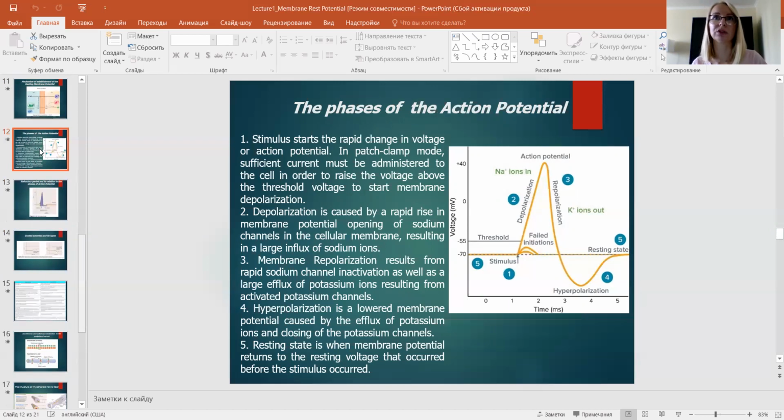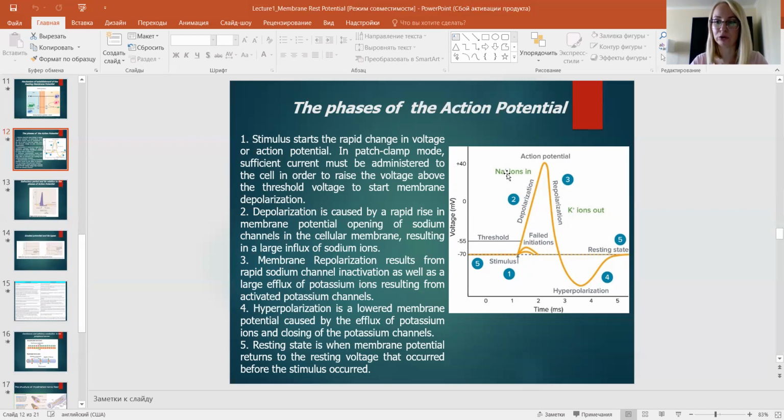When the stimulus acts on the cell membrane, it opens the voltage-gated sodium channels for a short period of time, and as a result, positively charged sodium ions move into the cell, and the potential difference is reversed.